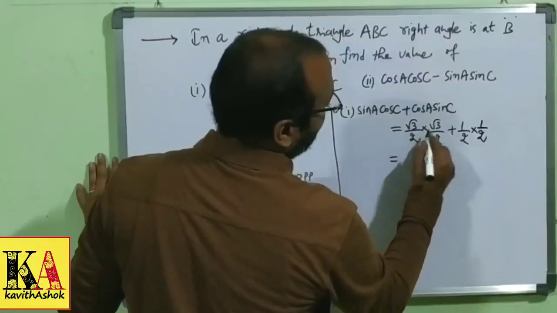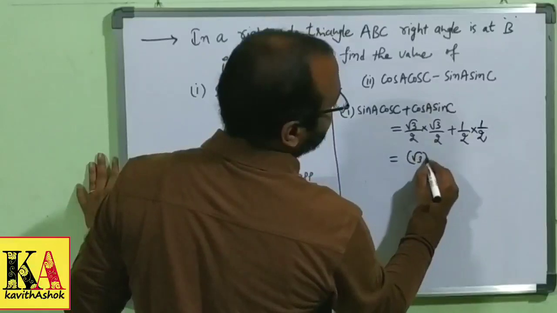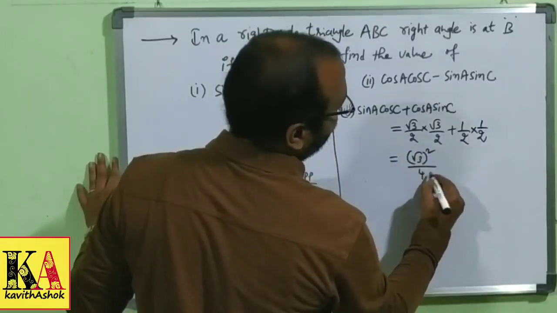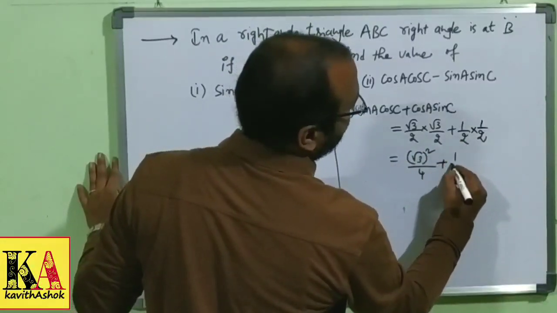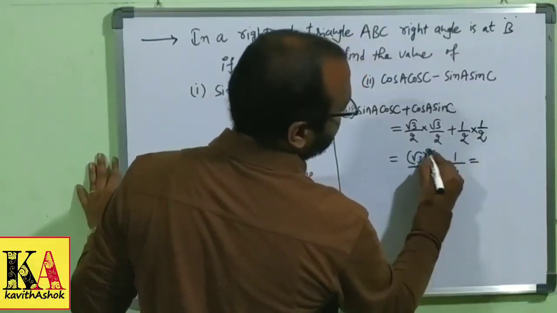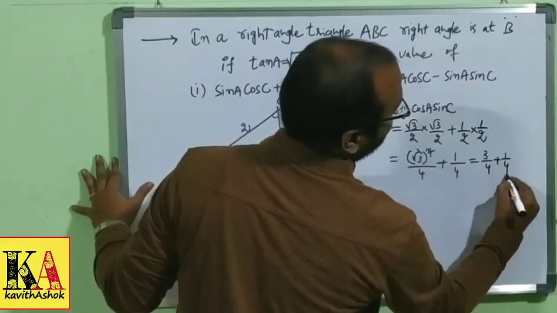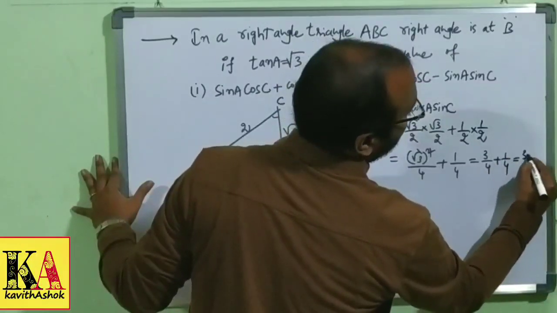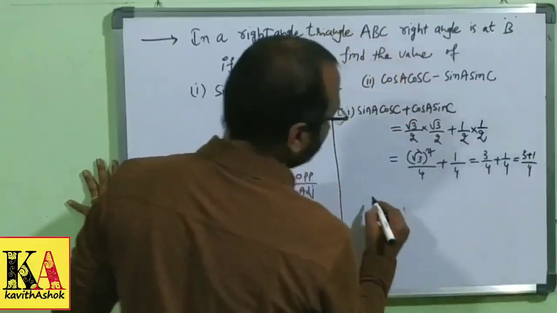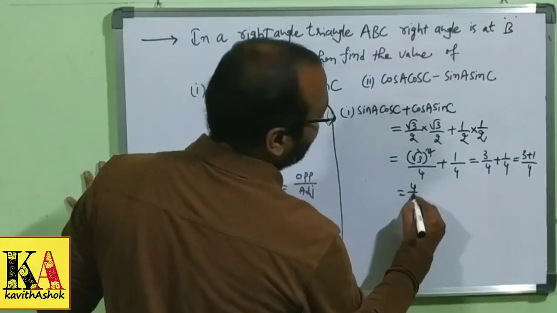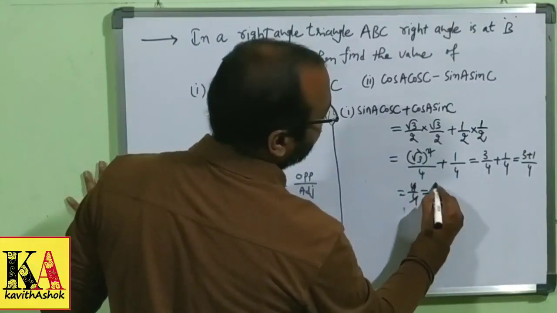So finally root 3 into root 3, root 3 square by 2 square is 4, plus 1 by 2 into 2, 4. Square root gets cancelled, 3 by 4 plus 1 by 4. Since these are like terms, simply we can get 3 plus 1 by 4. So this is equal to 4 by 4, the value will be 1.